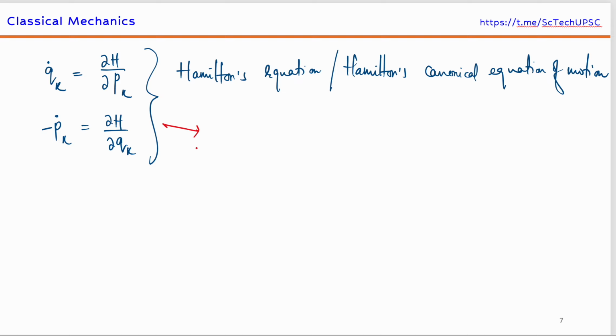we also discussed in the last lecture, this is a set of 2n first order differential equations.